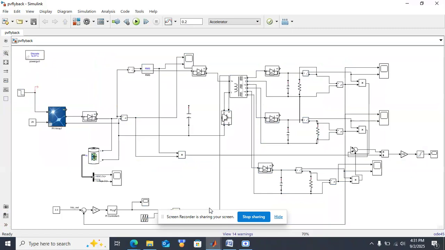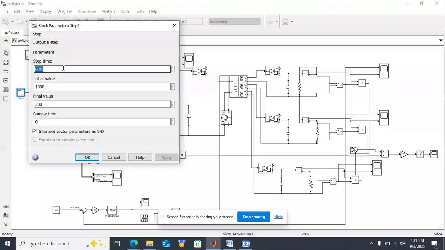This is the simulation for the three R loads controlled by the single voltage loop, and here we are using PV and battery. The irradiance of the PV is varied according to a step function until 0.05 seconds.